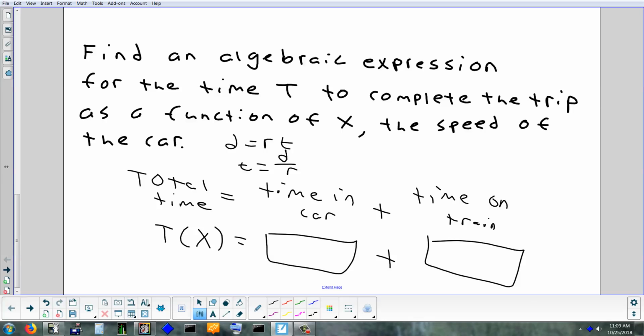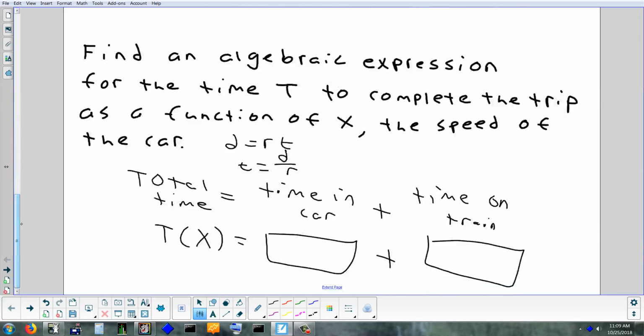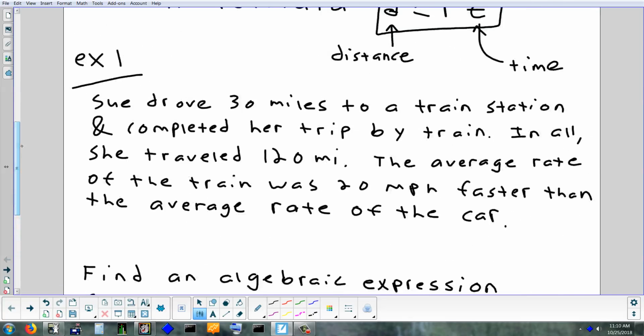So let's start with the car. What's the distance that she traveled in the car? 30 miles. What's the rate of the car? x. We don't know. Distance divided by rate, that's the time in the car. Now let's do it for the train. What's the distance she traveled on the train? 90.